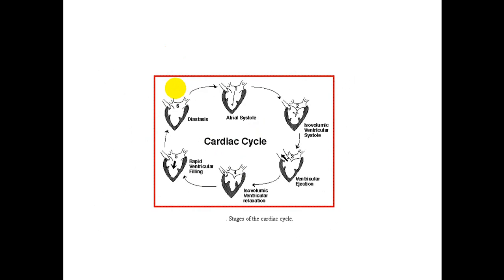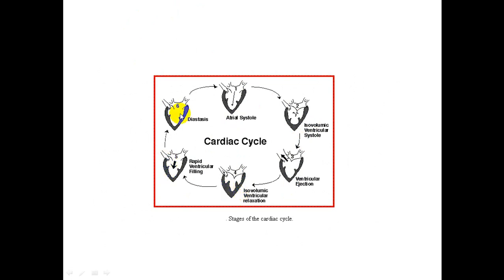So we will discuss the cardiac cycle in the left side of the heart in detail, which is similar to that in the right side. We will see differences at the time of discussion. These are the 6 main phases: atrial systole, isovolumetric contraction, ventricular ejection, isovolumetric relaxation, and filling of the heart.